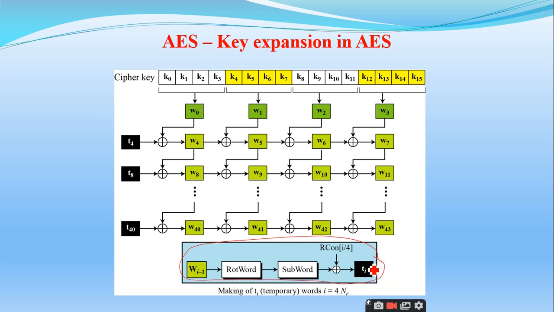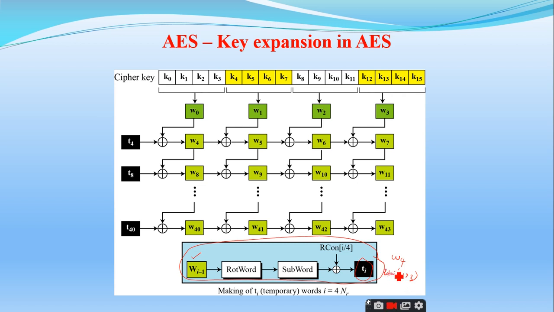It's a simple formula, right? In order to get the word W i, what am I doing here? I am taking W i minus 1. So if I want to get W4, I have to take W3. And what do I have to apply here?